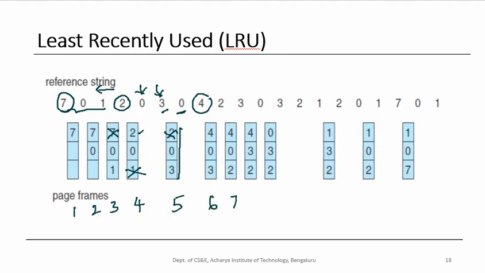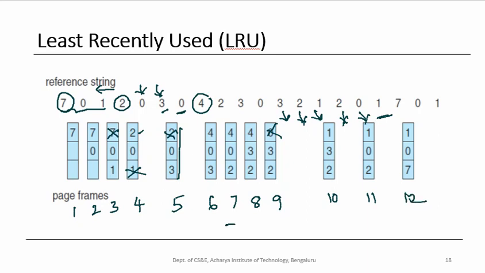There will be a page fault here because these pages are not present in the main memory. Okay, and 3 is there in the memory, so there is no page fault. 2 is already there in the memory, there is no page fault. Here there will be a page fault, and least recently used page is 0, so therefore 0 is replaced with 1. Then here there will not be any page fault. Here there is going to be a page fault, no page fault here, again one more page fault.